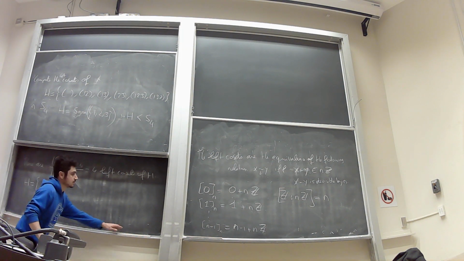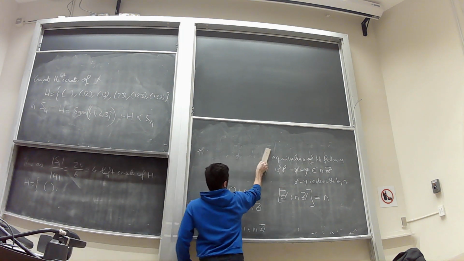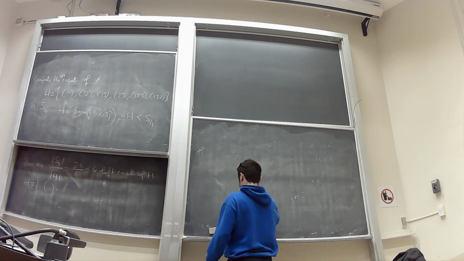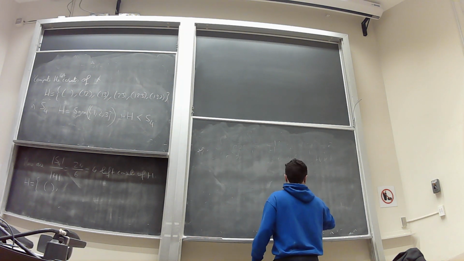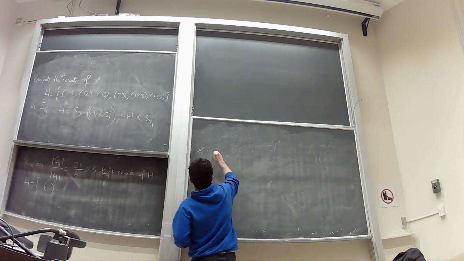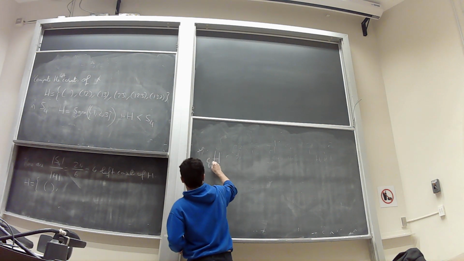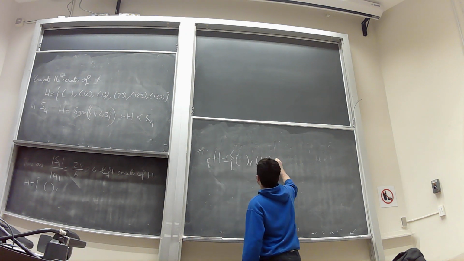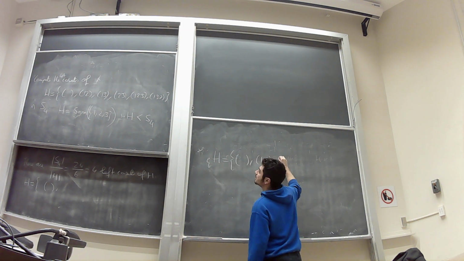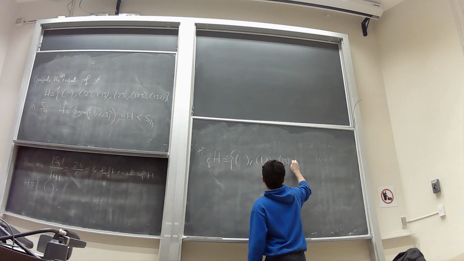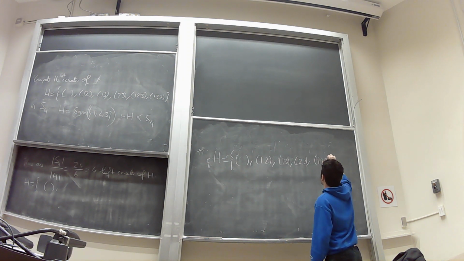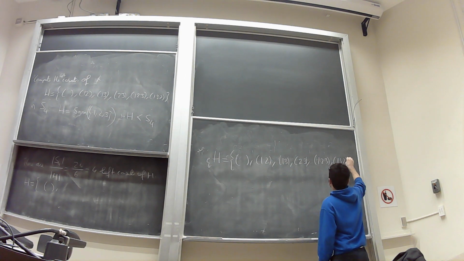The first left coset is H, or the identity times H. This is the identity, (1 2), (1 3), (2 3), (1 2 3), and (1 3 2).